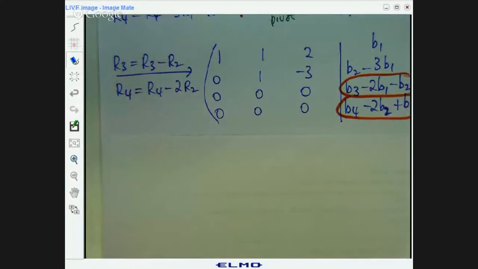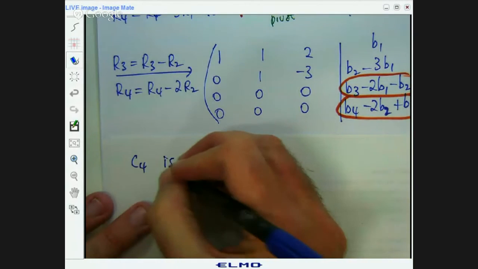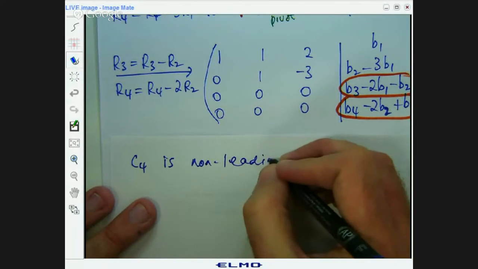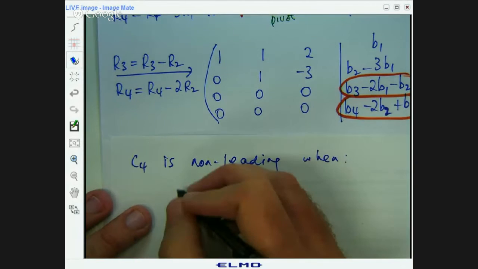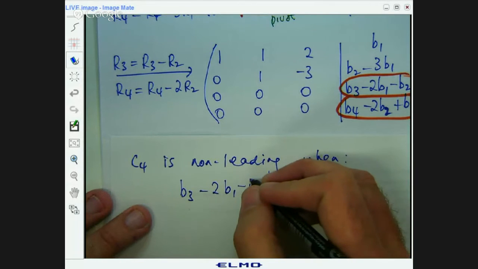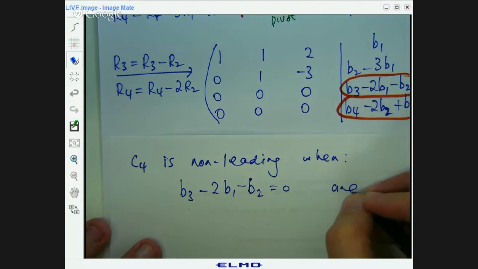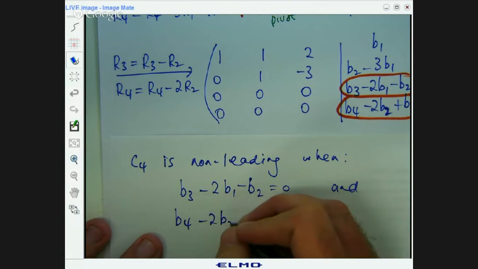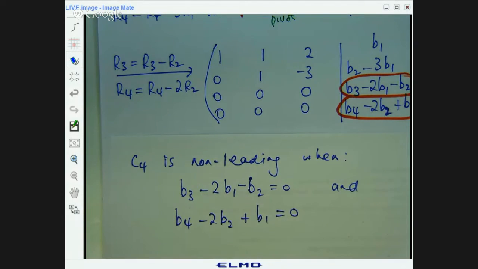So you can say that column 4 is non-leading when B3 minus 2B1 minus B2 equals 0, and when B4 minus 2B2 plus B1 equals 0.